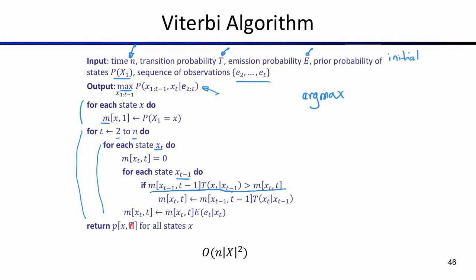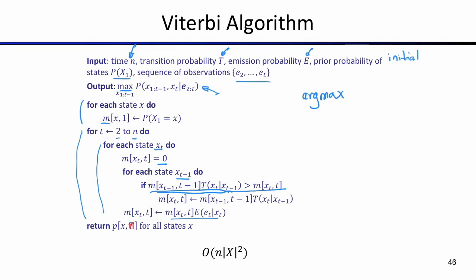So for the first iteration, because we have stored the value 0, we're going to replace this, and we keep doing this every time that we find a larger multiplication like this. So at the end, we need to multiply by the emission probabilities, and we multiply here, and it does this for all the time steps.